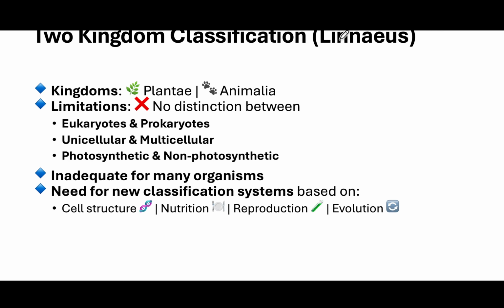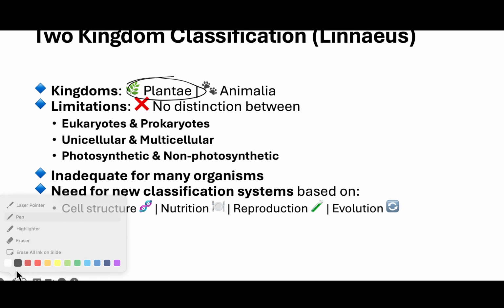That's it. The two kingdoms proposed by Linnaeus are Plantae and Animalia. The classification is very simple, but there are a lot of limitations to this system. Yes or no?